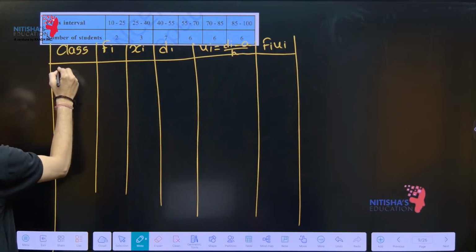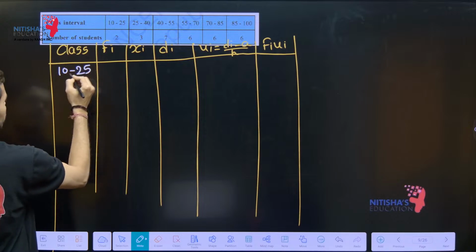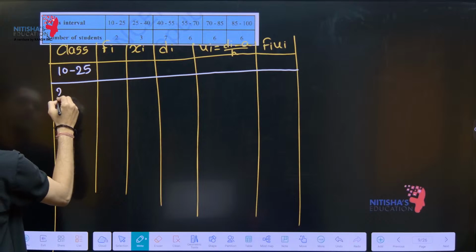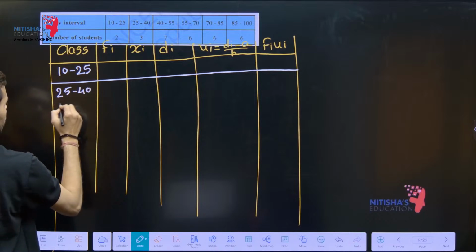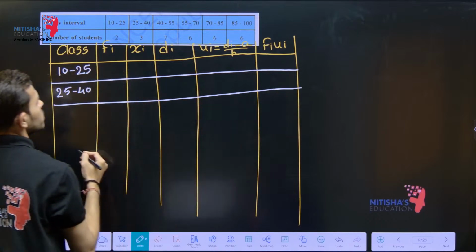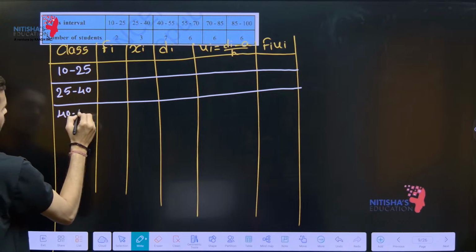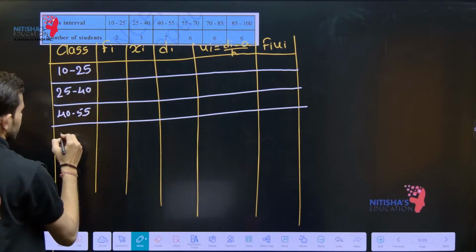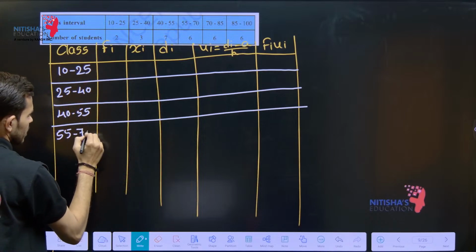The class is 10 to 25. The second class is 25 to 40. The third class is 40 to 55. Next is 55 to 70.